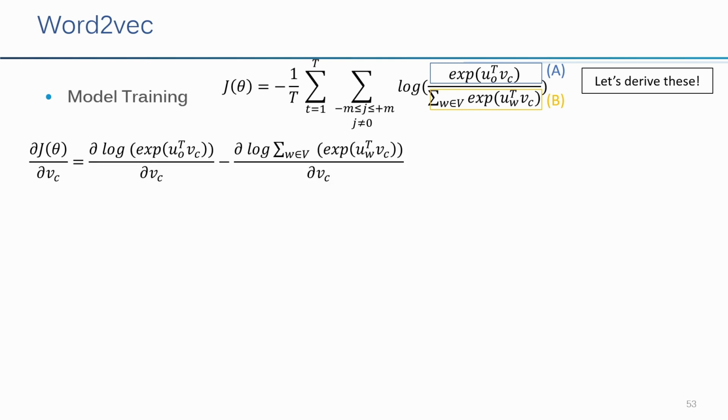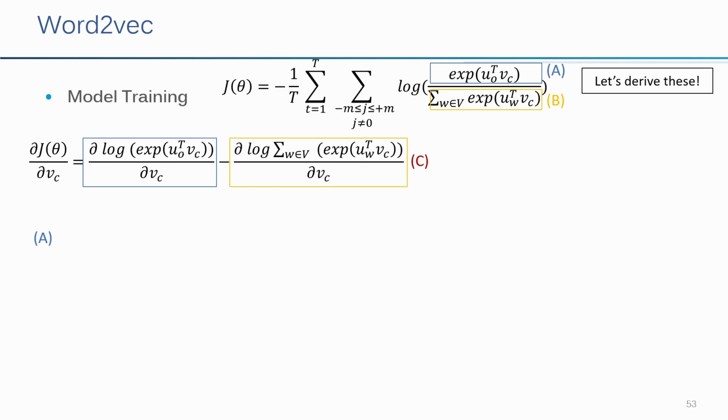By calculating the partial derivative with respect to our center word, if we break this down, it's pretty much the denominator minus the numerator, minus the denominator right here, and then we derive the first part and then the second part. You will see how nicely this works out at the end. So we'll derive these two parts, and then plug them back in to see what we have in the end.